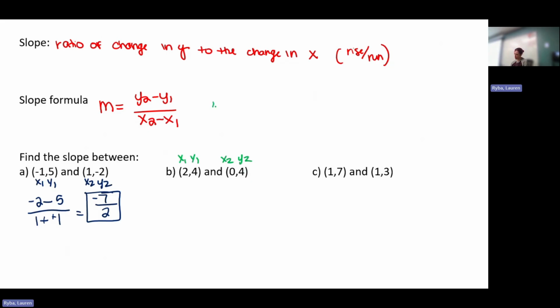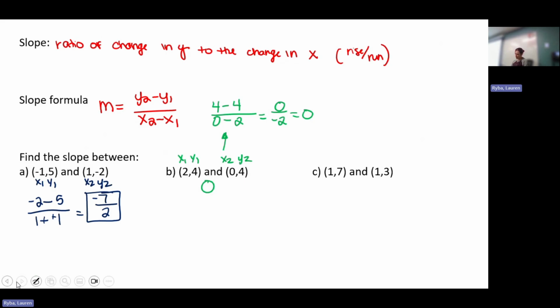So y2 is 4 minus y1 is 4 over x2 is 0 minus x1, 2. So 4 minus 4 over 0 minus 2. So 4 minus 4 is 0. 0 minus 2 is -2. 0 divided by -2 is 0. So the slope for this one is 0.